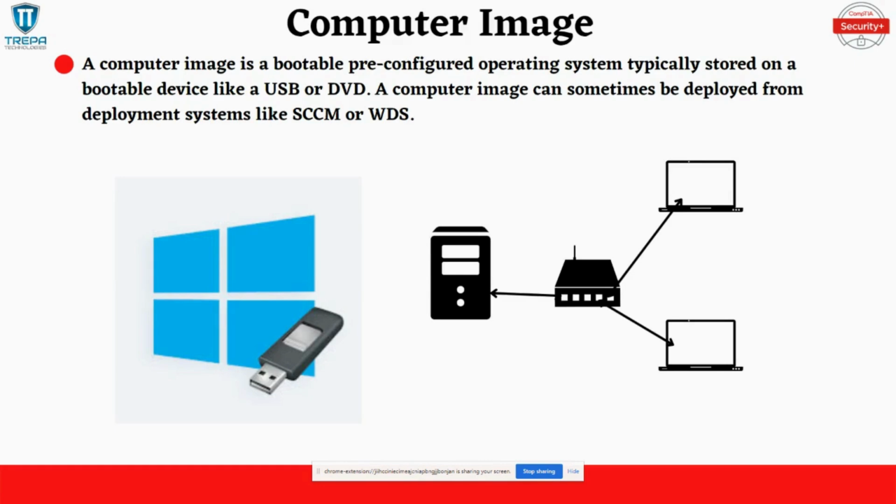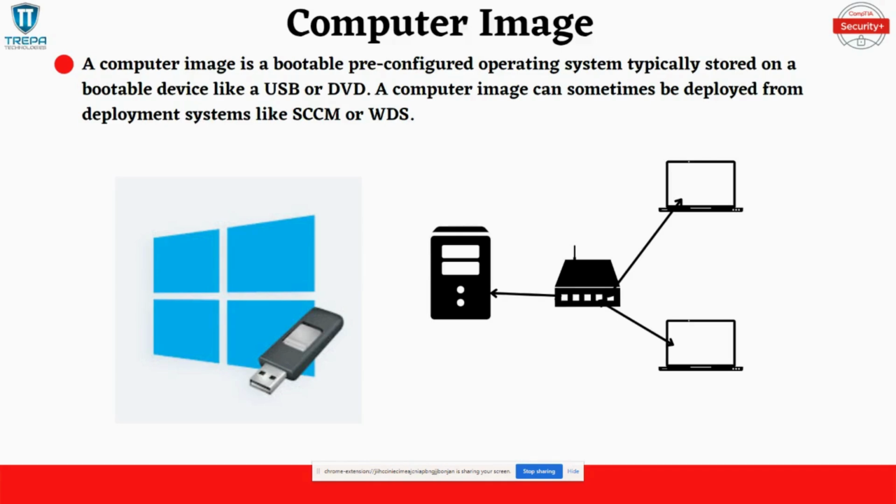A computer image can also be used to create a standard baseline for your enterprise. Meaning when I create that Windows 10 image, I can put policies in place or give a desktop background in that image so that image can be used for everyone in the accounting department or the marketing department, right?